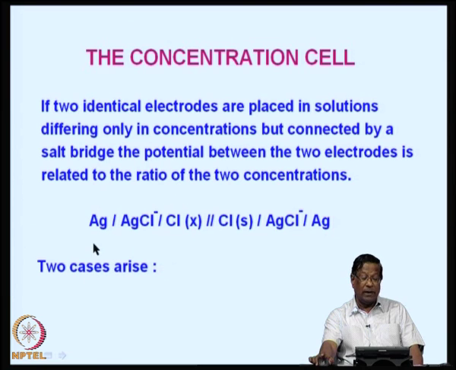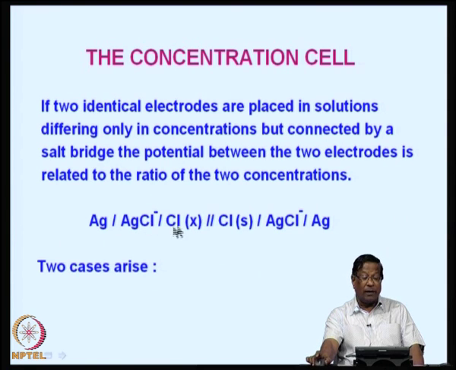Consider for example this cell. Here I have put a silver electrode in a solution of silver chloride, connected with a chloride solution of concentration x, and that is one half cell. The other half cell is a standard chloride solution having the same silver chloride and silver electrode, the AgCl electrode we call this.